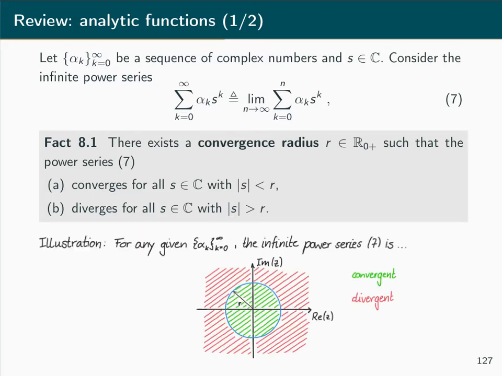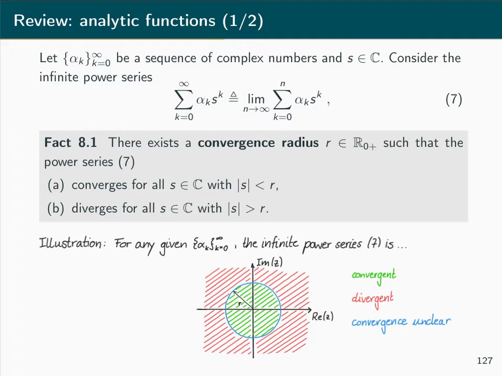It's easy to visualize fact 8.1 with a little illustration in the complex plane. So let any sequence alpha k be given, then the infinite power series of equation 7 has the following convergence properties. There exists a convergence radius r, which of course depends on the sequence alpha k, such that inside a disk with the radius r, we have convergence of the power series for every s inside the disk, and we have divergence of the power series for every s outside of the disk.